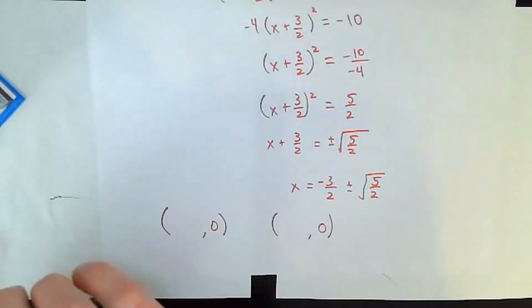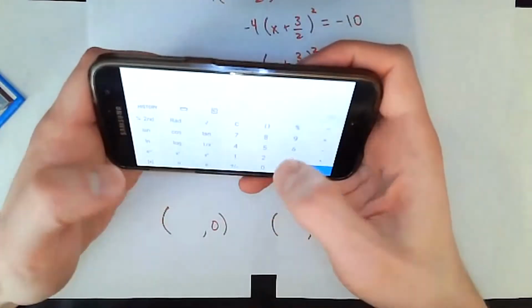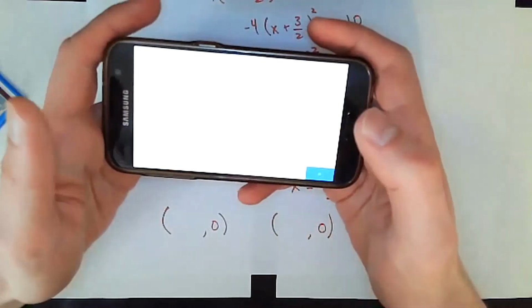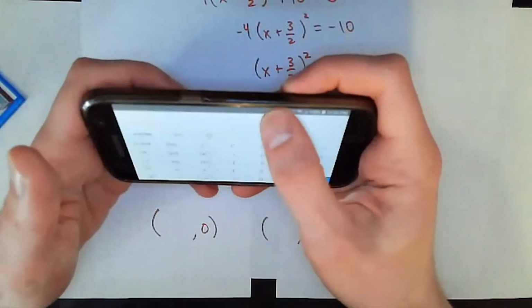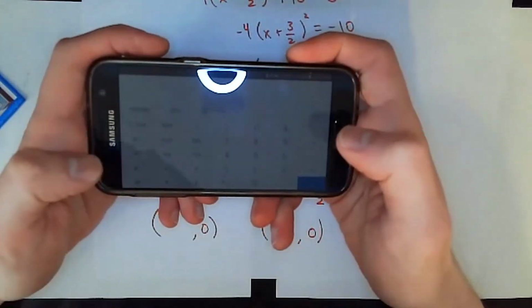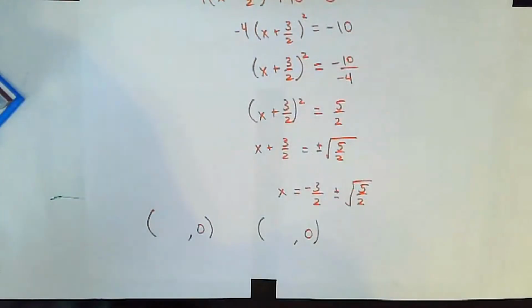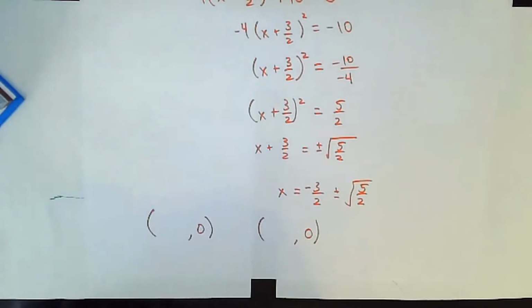Nope. I may not be able to show you. If I tilt it, you can see it, but then you can't see what I'm doing. It's all washed out. Maybe if I turn my brightness down. Yeah, but then the light. All right, so I'm going to have to do the calculation without showing you how to do it.